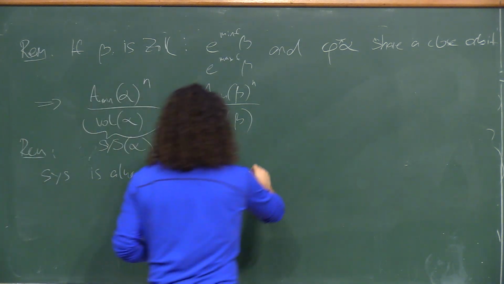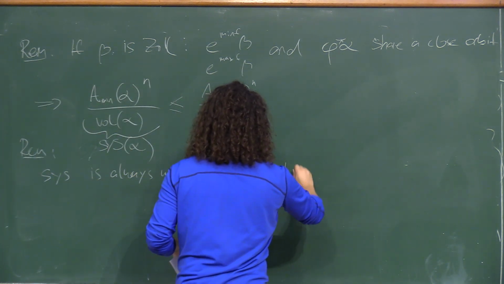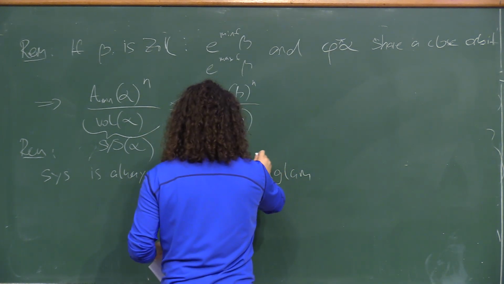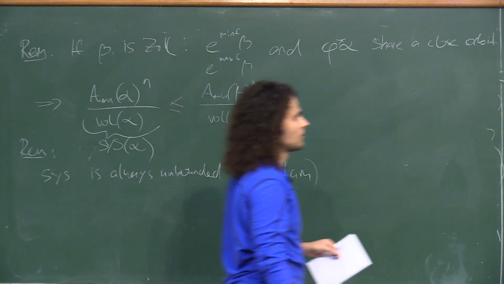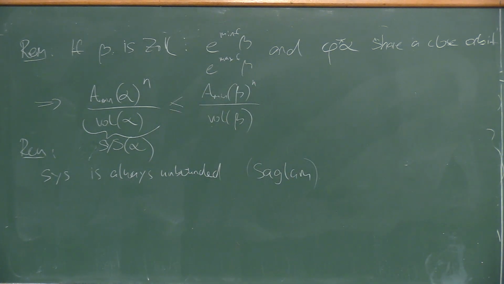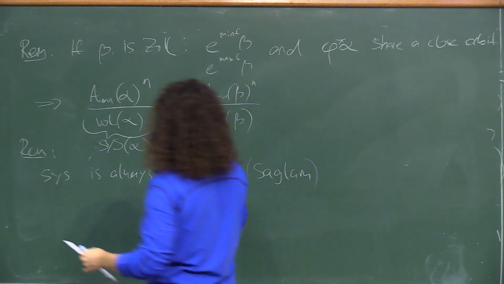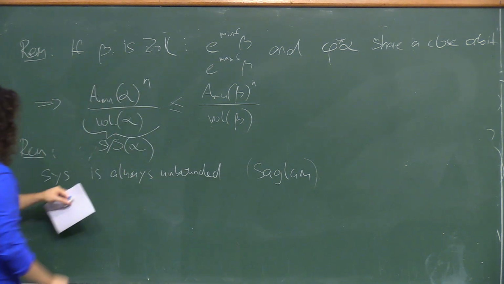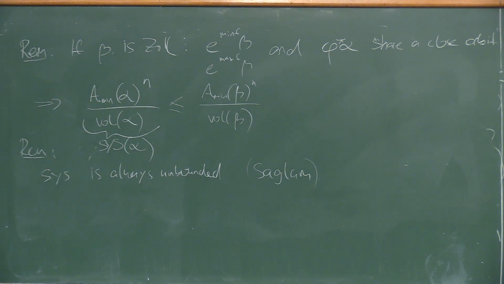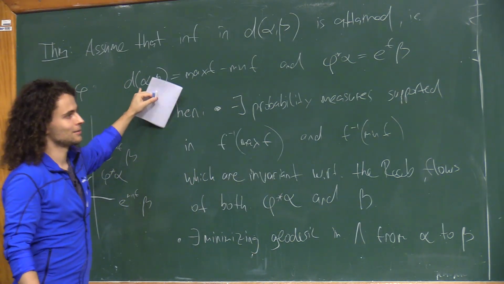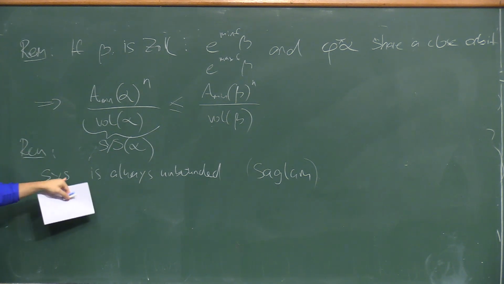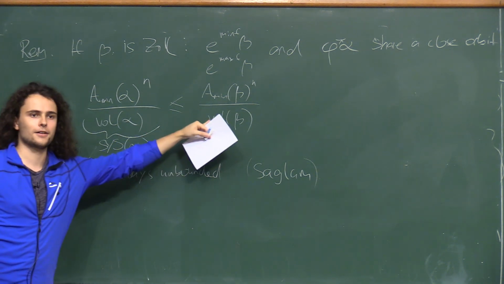In this generality, that's a result of Sağlam, and in special cases for special contact manifolds, that was this work of Abbondandolo, Bramham, Hryniewicz, and Salomão. So in particular, if I have some contact manifold which has some Zoll contact form, I can immediately find contact forms where this infimum is not attained, simply because if it were attained, then we have this systolic inequality, but there are contact forms which have higher systolic ratio.